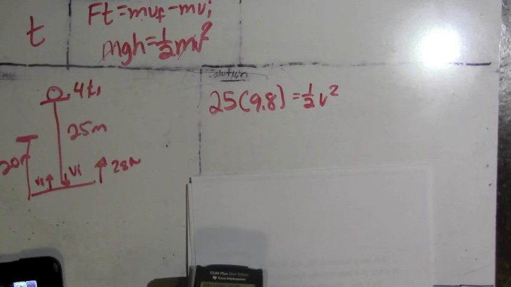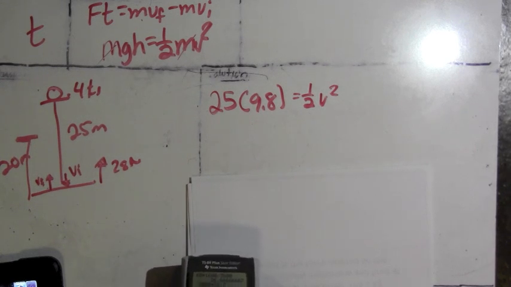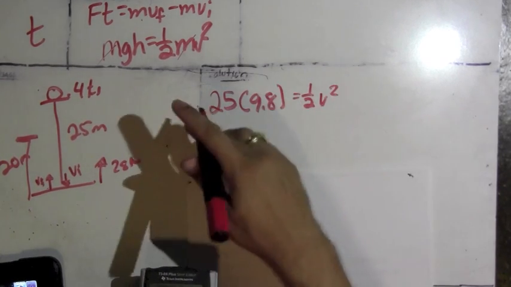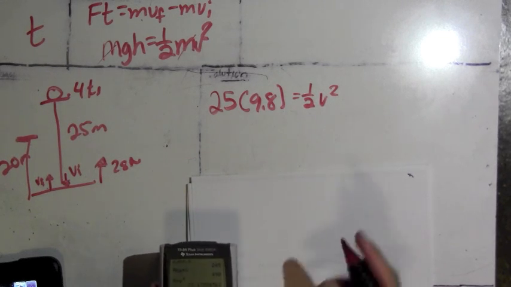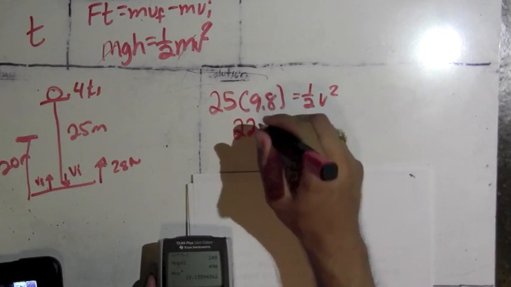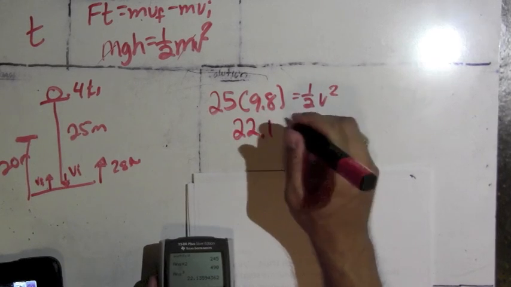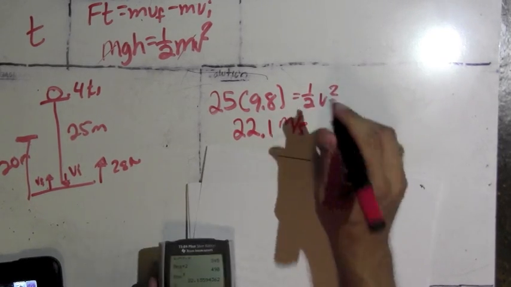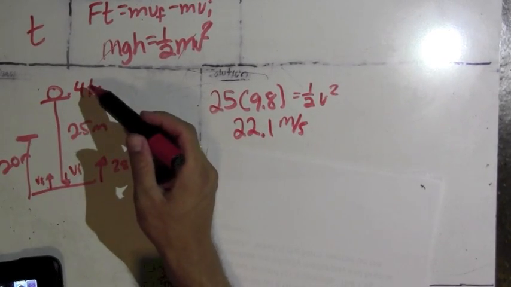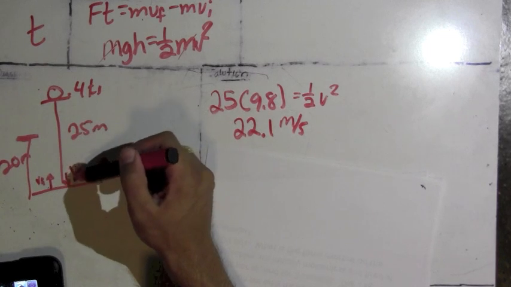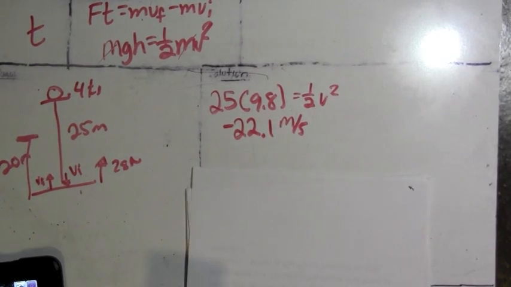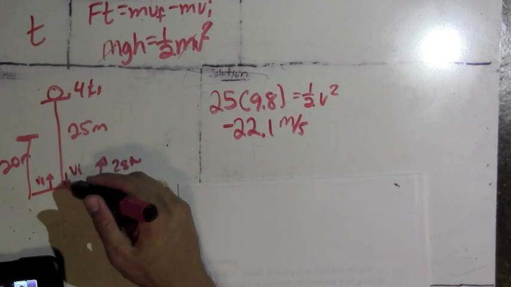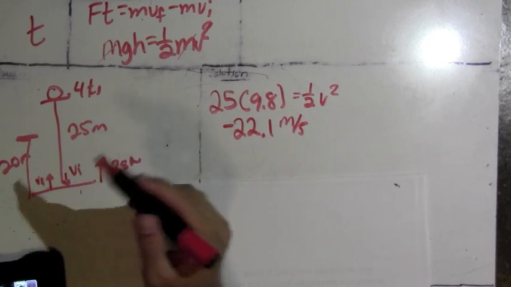So 25 times 9.8, move the 2 over to the other side, take the square root, and you get the velocity as it strikes the ground is 22.1 meters per second. This is what I found by changing potential energy to kinetic, but this has to be negative, because the ball is moving down as it strikes the surface.